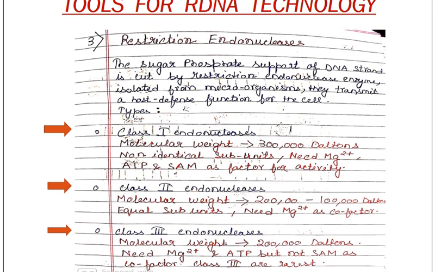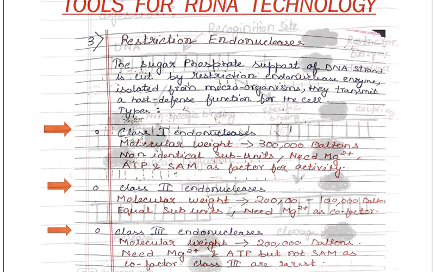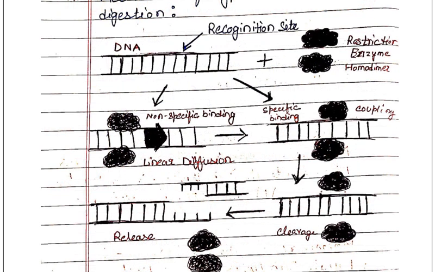The most effective restriction endonuclease is type 2.